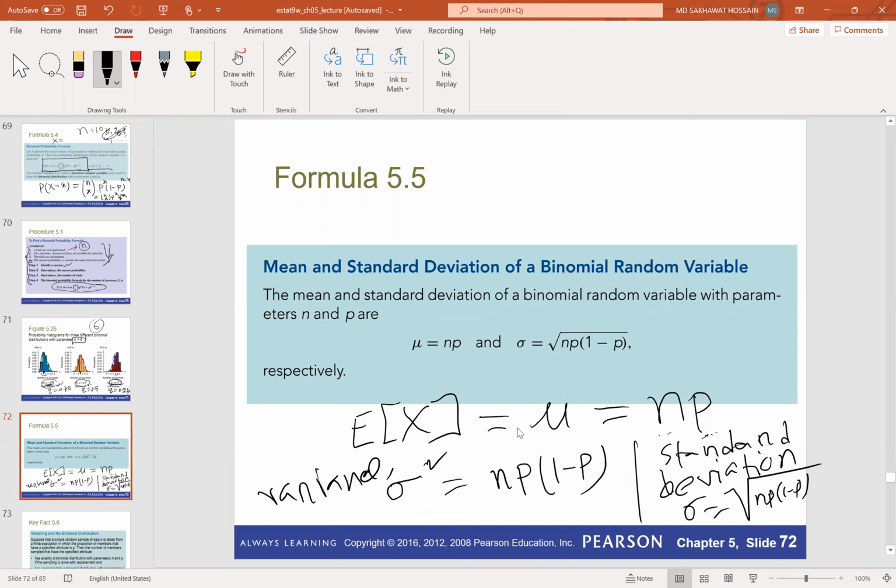This is the standard deviation, and this is the mean or expected value, called mu. This is a small sigma, the standard deviation, and sigma squared is the variance.